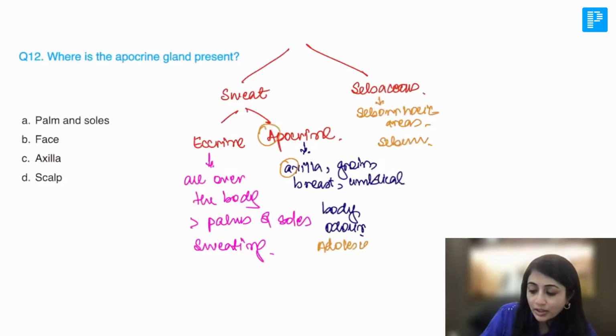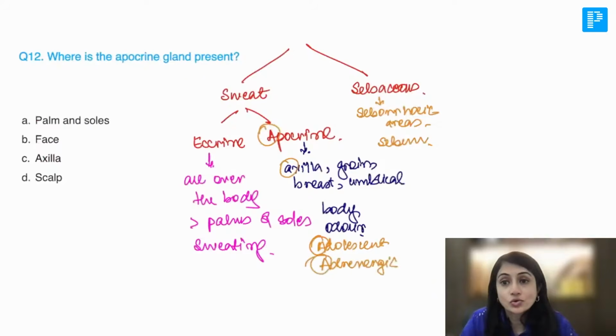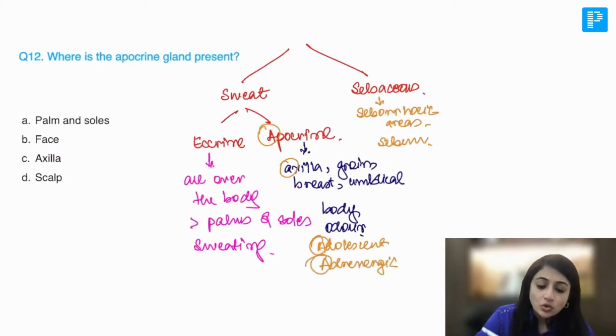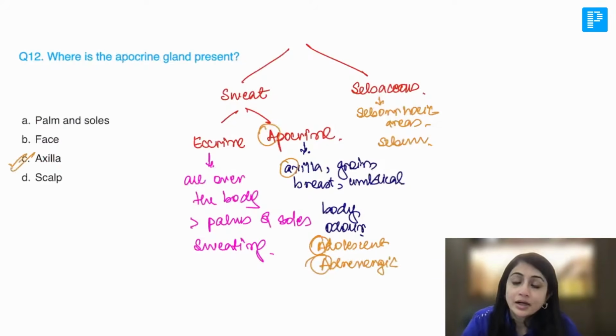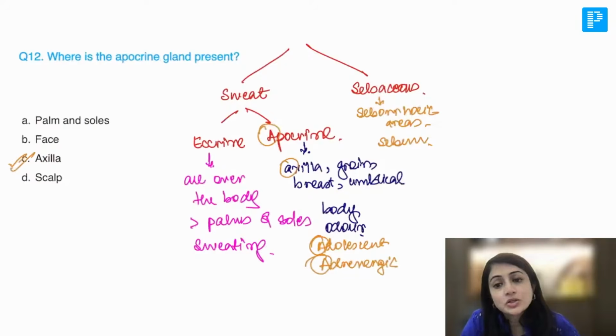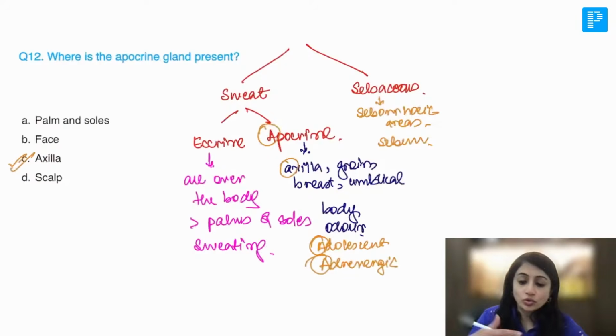So, again, A, and they have an adrenergic nerve supply. So, again, A. So, all A's are associated with apocrine gland. So, apocrine gland is seen in axilla. Palms and soles, eccrine glands. Face and scalp, you have both eccrine and sebaceous glands. So, here the answer would be axilla. Clear? So these are three kinds of glands. You should know their distribution.